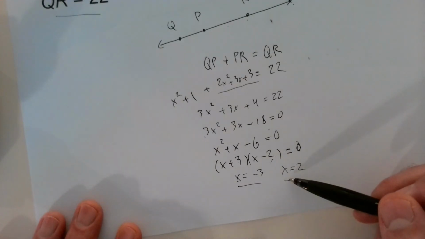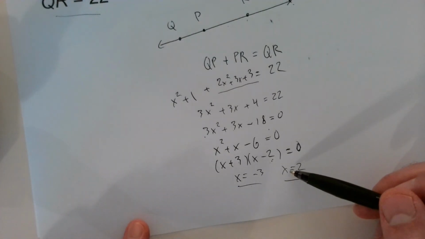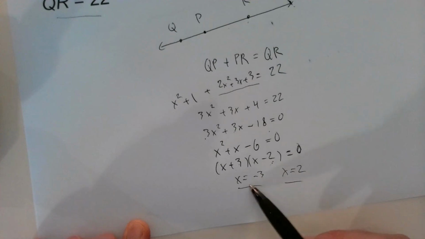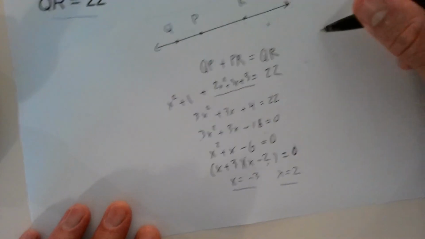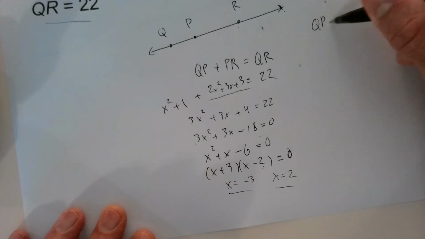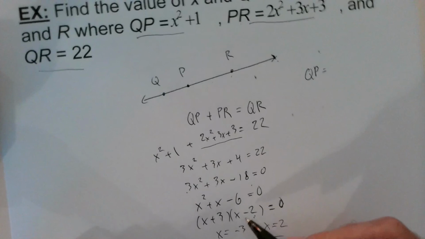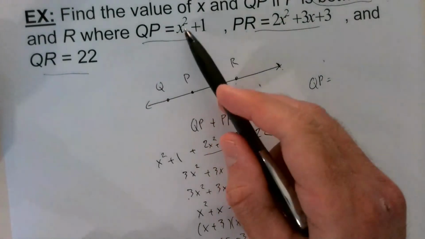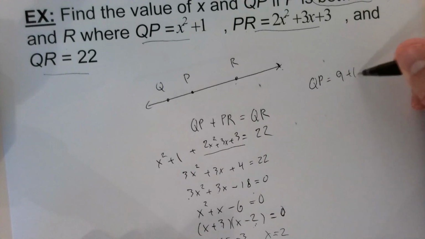We said that measurements, or distances in this case, are always supposed to be positive. So when we plug these in, we want to make sure that we get positive numbers. Let's check QP. If I plug in a minus 3, using PEMDAS, that's negative 3 squared, which is 9, plus 1, that's 10.